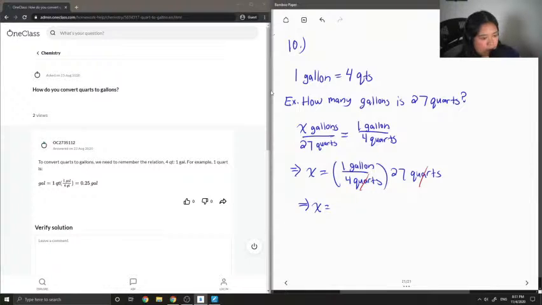So basically, this is the same as saying 27 divided by 4, which is 6.75 gallons.